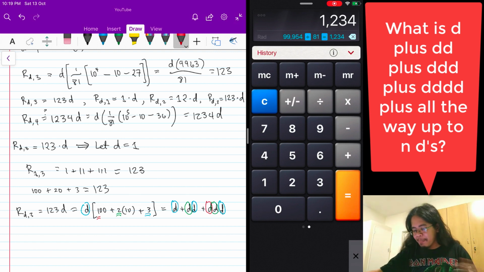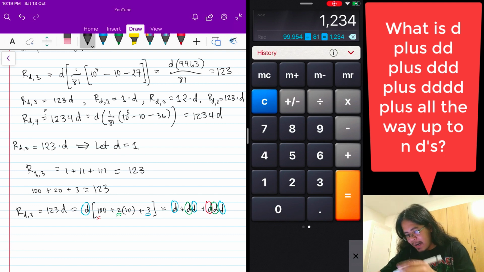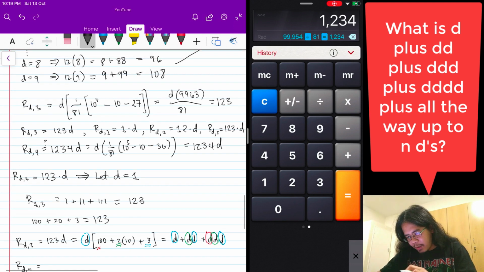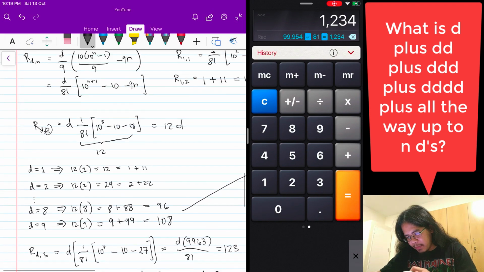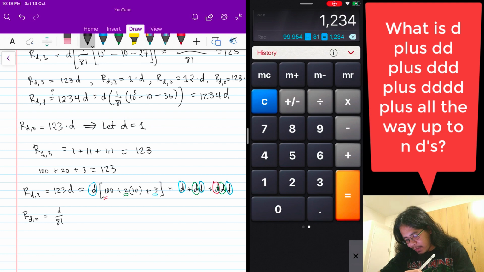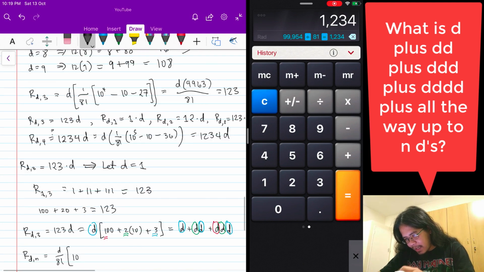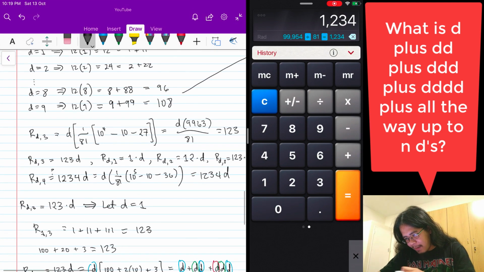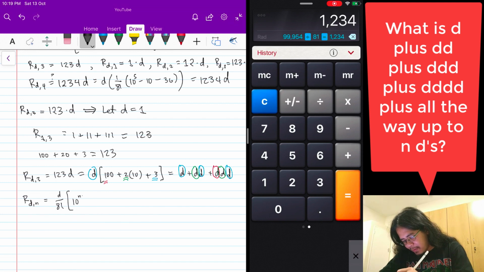Okay, so in general, let's go back now to our RDN. We can write this as our original equation, D over 81 multiplied by 10 n plus 1 minus 10 minus 9n.